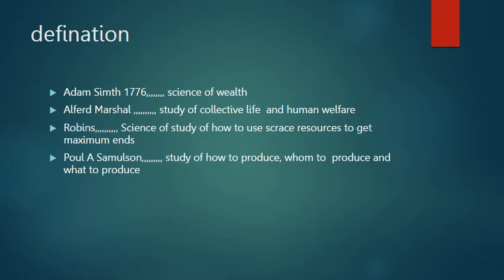And the other thing, the human welfare. There are certain things we cannot call a part of human welfare or material welfare. Specifically, Alfred Marshall has used the term human material welfare. There are certain things that are not part of material welfare, for example, services given by different professionals, like a service given by a lawyer, a teacher, or a doctor.